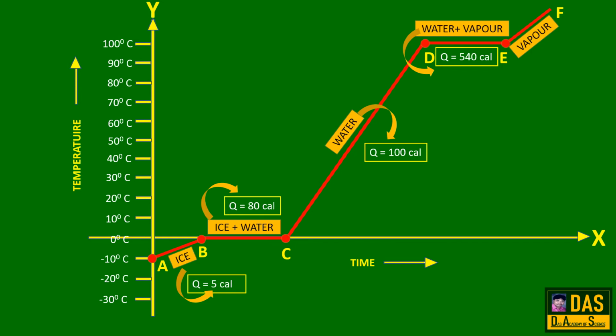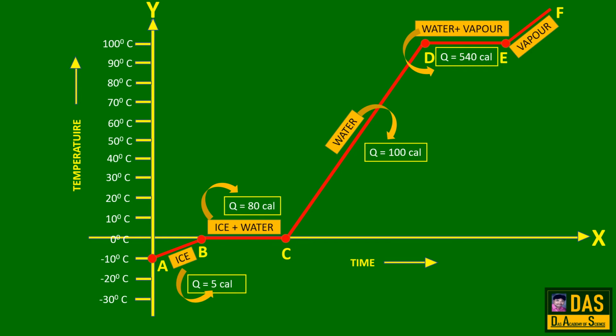Similarly, between C and D, to convert water at 0 degrees Celsius to water at 100 degrees Celsius, for 1 gram the required heat energy is 100 calories. So between C and D, the required heat energy is 100 calories.